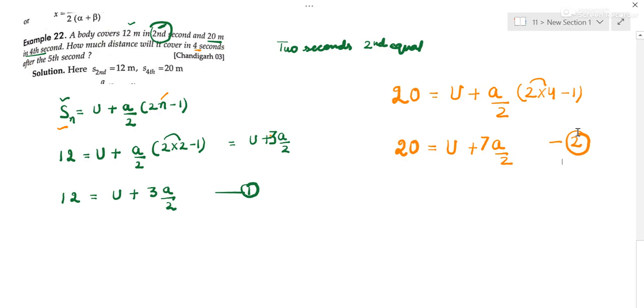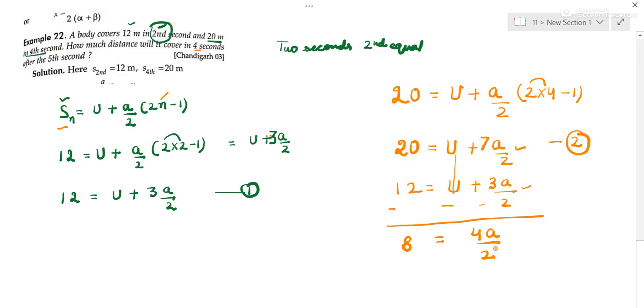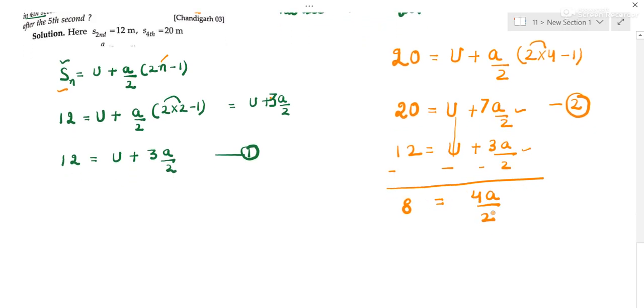For example, we can subtract the first equation. So 12 equals U plus 3A by 2. Now we can subtract, so U will be cancelled. 20 minus 12 is 8, and 7A by 2 minus 3A by 2 would be 4A by 2, that is 2A.